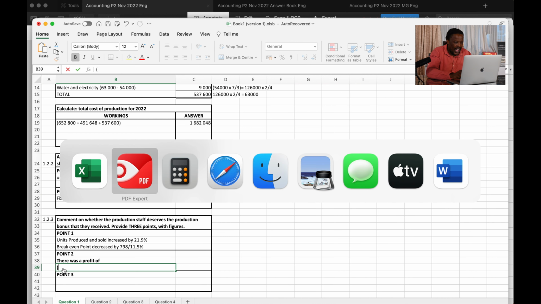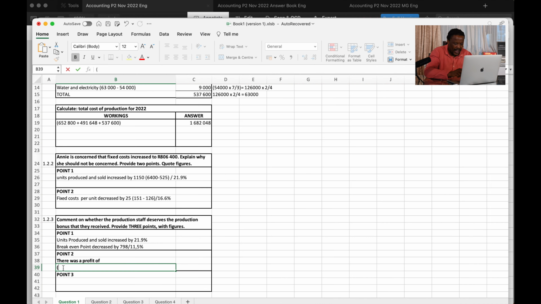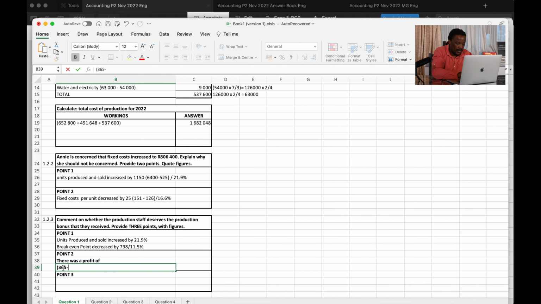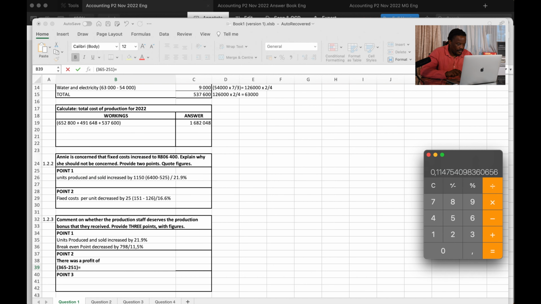Last year it was 365 minus variable cost 251, which equals, that was last year, 365 minus 251, which gives a gross profit of 114.